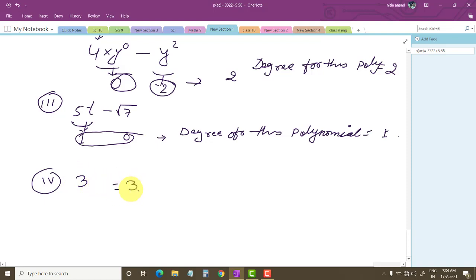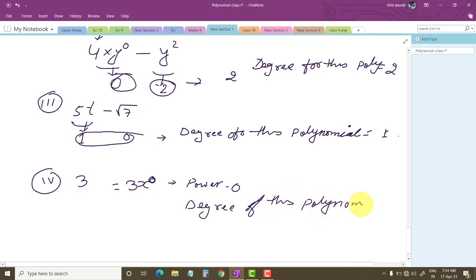We can write it as x to the power 0, which has no effect on the constant, and the power is 0. So the degree of this polynomial is 0, dear student.